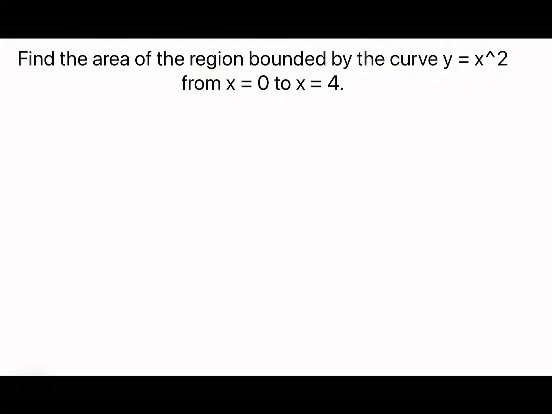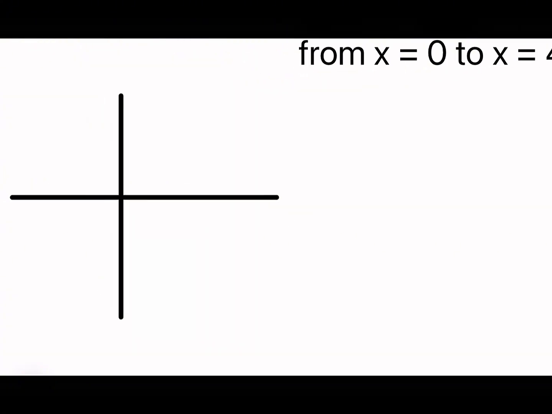So this is our example. Find the area of the region bounded by the curve y equals x squared from x equals 0 to x equals 4. So first, we need to draw a figure. We have y equals x squared, so the graph is going to look like this.